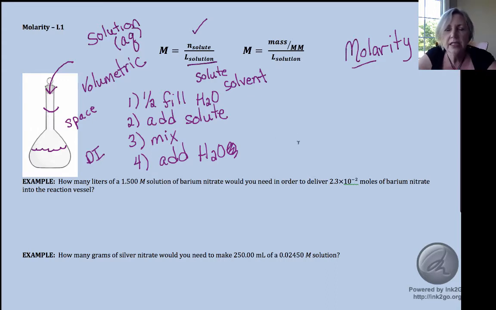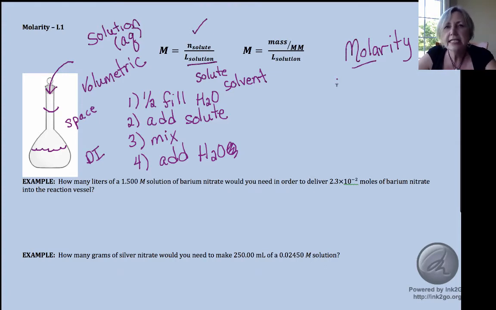Now, if you saw like eight volumetric flasks lined up, they're not going to have the line at the same place because each volumetric flask is calibrated. It's blown glass, and then they calibrate it to hold an exact volume. And so you have 1,000 milliliter, 2,000 milliliter, 500 milliliter, 250 milliliter, 100, 50, 25, 10.